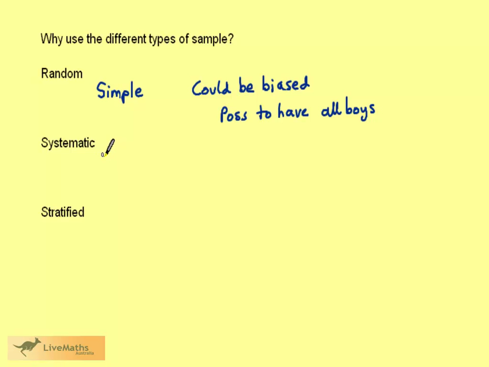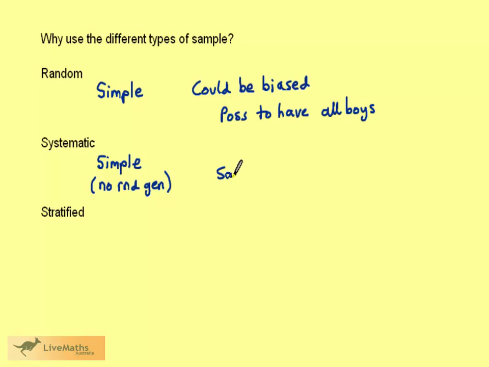The same is true for the systematic sample. The advantage is that it's simple to do. Perhaps in some circumstances even easier than the random sample, especially if we don't have a means of generating random numbers.